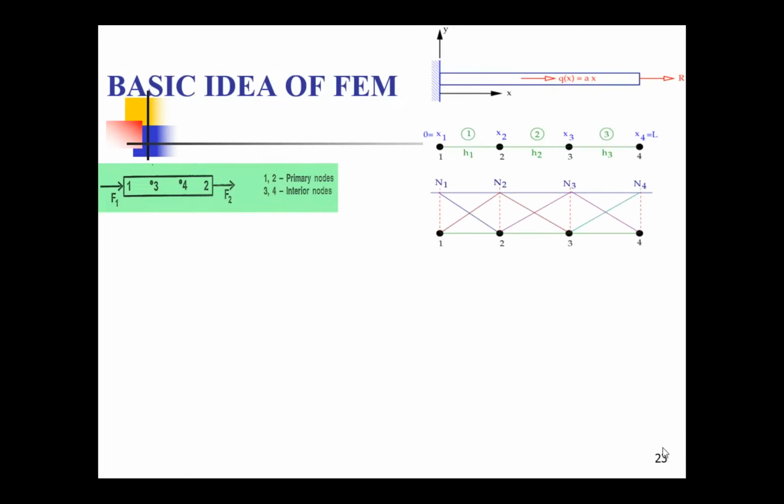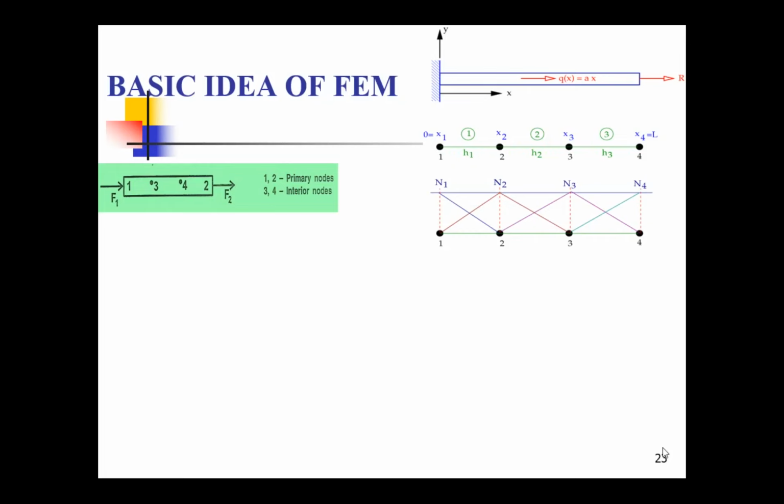Here we come across a cantilever beam. That is represented by a model Qx is equal to Ax. Now I am going to provide a force R. For this I am going to determine the deformation that is taking place at each and every node.